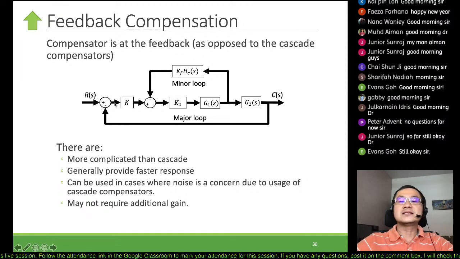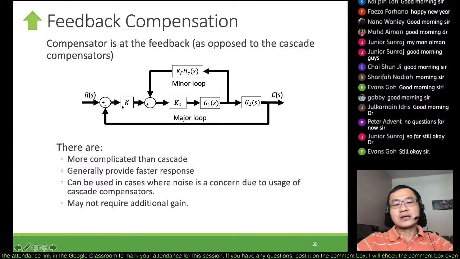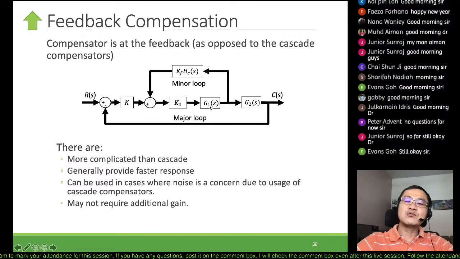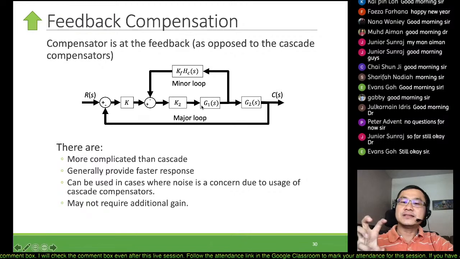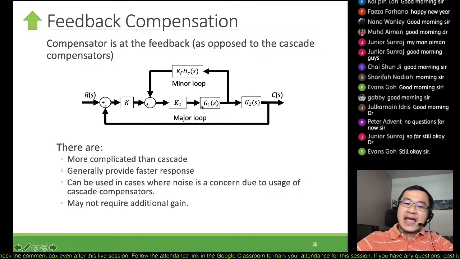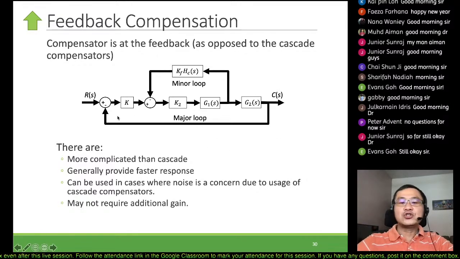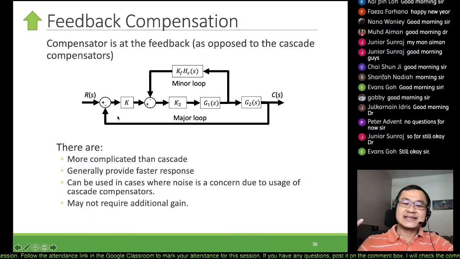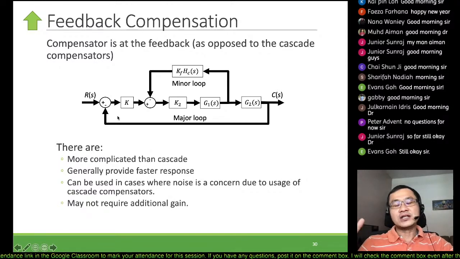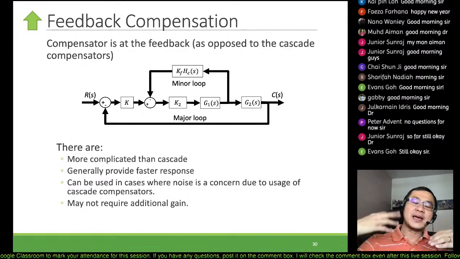We can break it into K1, K2 or whatever it is, but we have to break the system into two again, where you may have a so-called minor loop to deal with the transient response, and another loop to deal with the steady state error itself. So you may have a combination of a minor loop and a major loop.